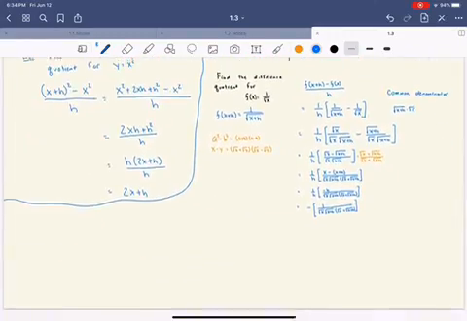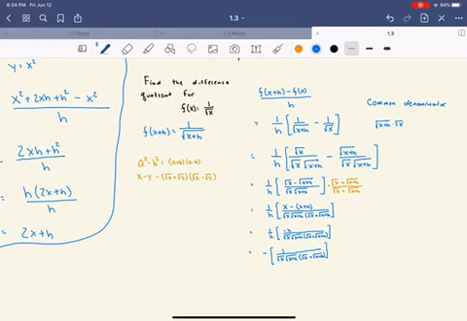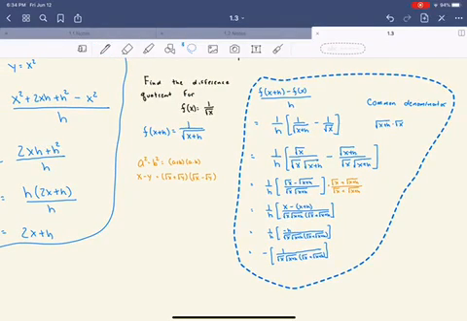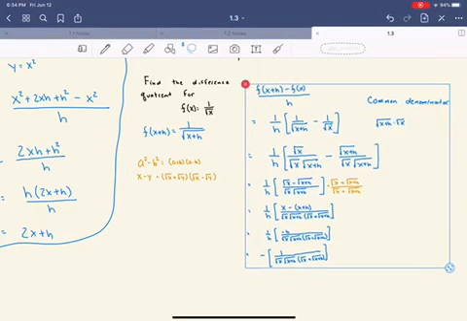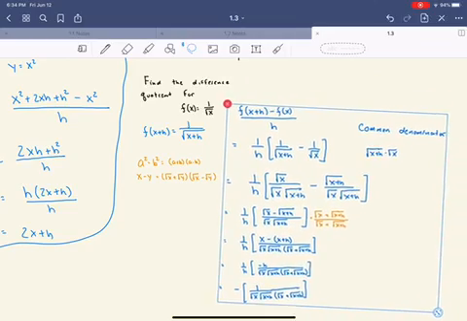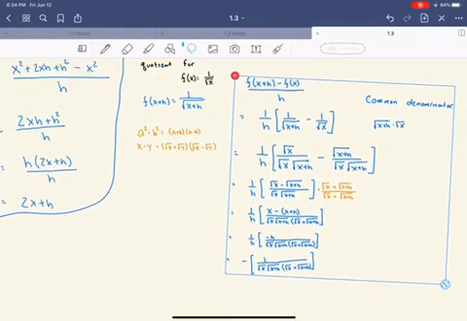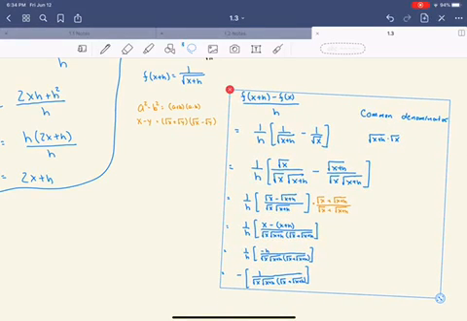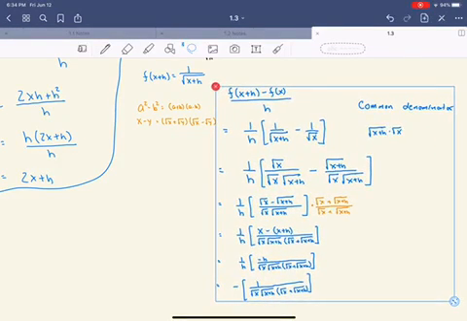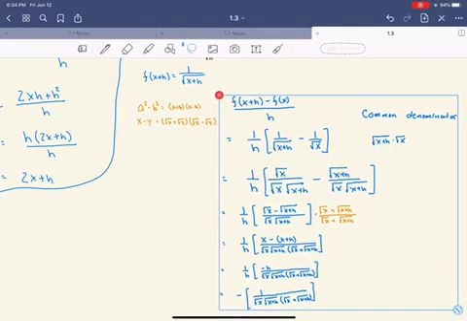Let me see if I can make that a little bigger for us. Yeah, it looks good.